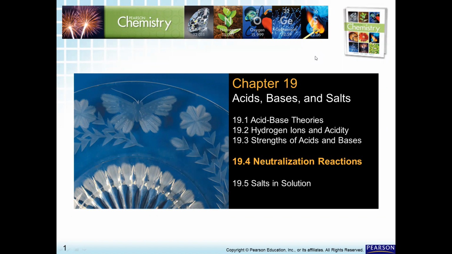All right, so regarding the strength of acids and bases, last time we talked about something called Ka and Kb. The acid dissociation constant is known as Ka, and the base dissociation constant is known as Kb. Both of them can be determined if we have the initial concentration and the hydronium ion, or the pH.